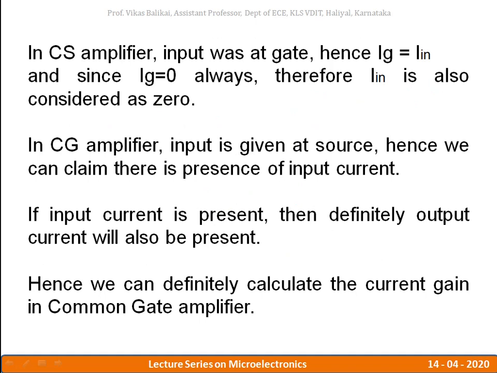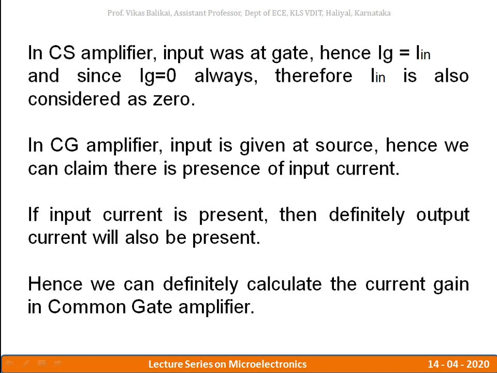It will definitely be 0, which means the input current is always considered 0 in the common source amplifier or common source with RS configuration. I applied the input voltage to the gate, and the current was generated at the gate, but that current will never enter the MOSFET because of the oxide. Hence I claim that the input current or the gate current is 0. So there is no such thing as gate current or input current in the common source amplifier.